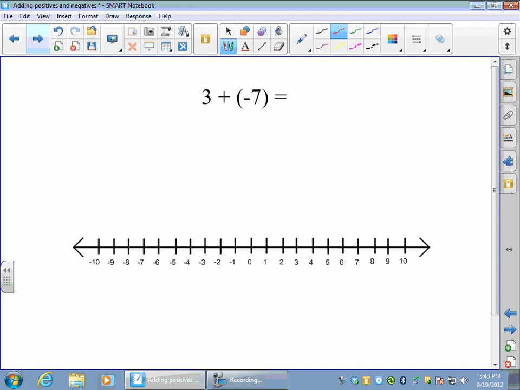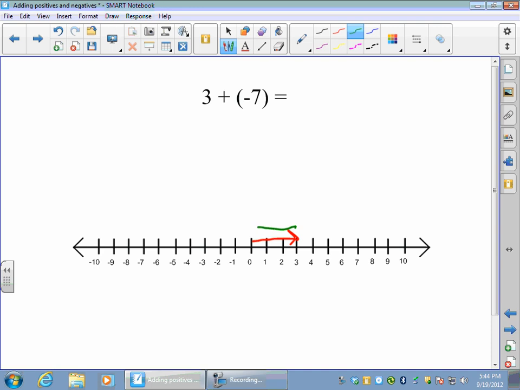If you get it right, great. If not, make sure you're paying attention to how we did it and what's happening on the number line. See if that can help you with the next one. All right, so this one we're starting at positive 3. So I'm going over to positive 3. Then I'm going to add a negative. So that means I'm going to the left. Whenever I add negatives, I go left. I'm going 7 places.